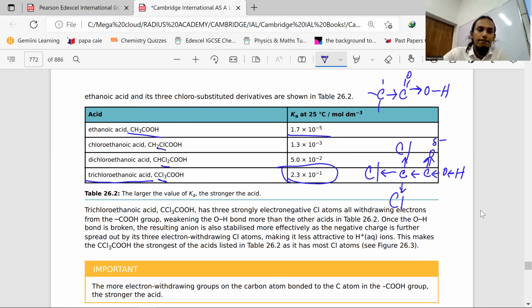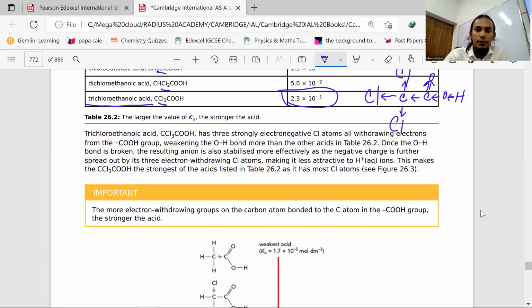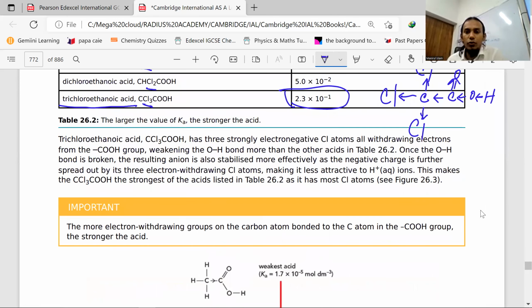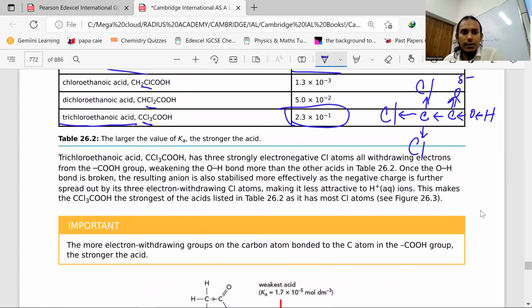Do you understand? এটা এখানে ওরা বলে দিছে, দেখো trichloroethanoic acid has 3 strongly electronegative chlorine atoms, all withdrawing electrons from the carboxylic acid group, weakening the OH bond more than the other acids. Once the OH bond is broken, the resulting anion is also stabilized more effectively as the negative charge is further spread out by its 3 electron withdrawing chlorine group. দেখো এটা যদি ভেঙে যায়, এটা আরো ফার্দার weaken হবে, right?